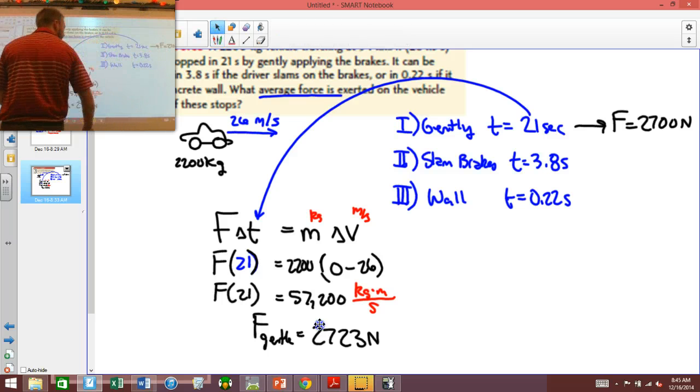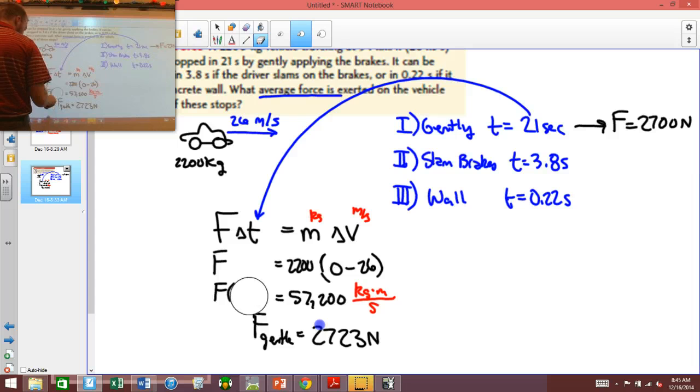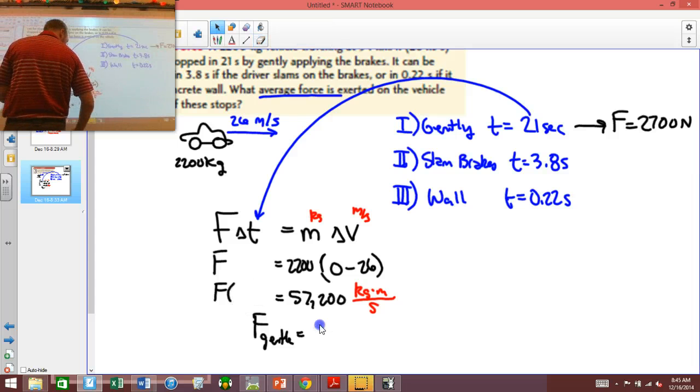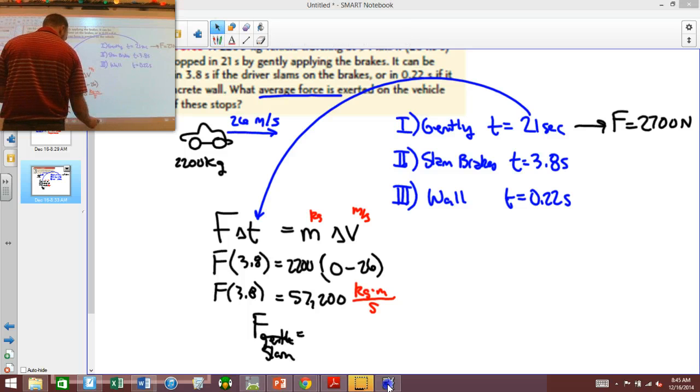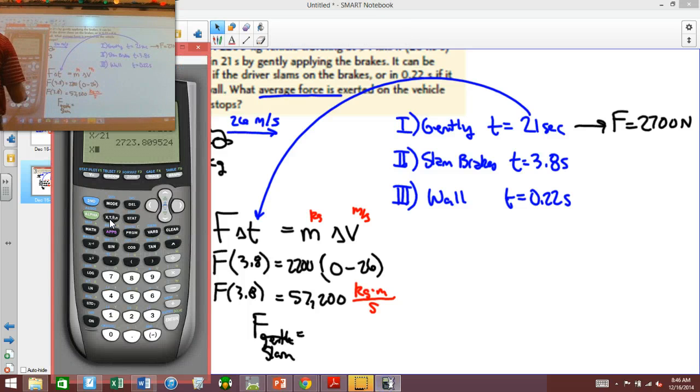Now, for slamming on the brakes, we just change this number here, 3.8. So I'll take my number x again, divide by 3.8, 15,000.